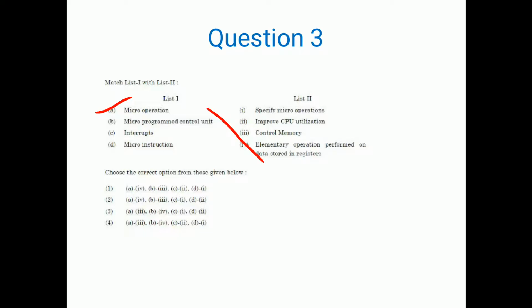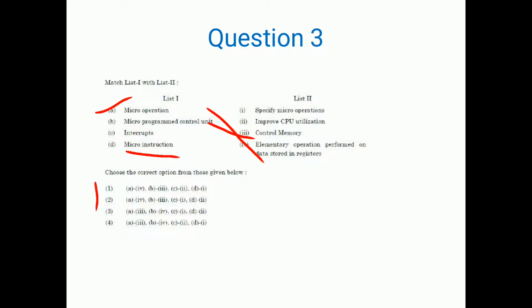We already know that control memory is available in the micro programmed control unit, so for B the option will be third. Now for C, we have to check in the options which one matches. A is matched to 4, and B is matched to the third. Fine, and now check the D option, micro instructions.